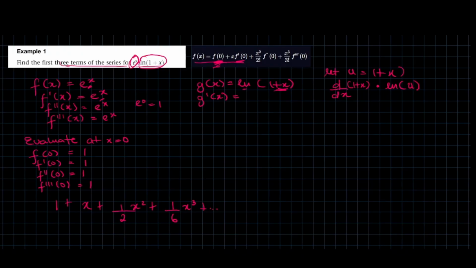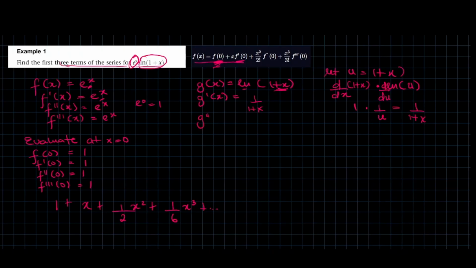Now the differentiation of this will simply be 1 times d over du of ln u, and you're going to get your answer as 1 over u. And 1 over u is 1 over 1 plus x. So this answer here is simply going to be 1 over 1 plus x.